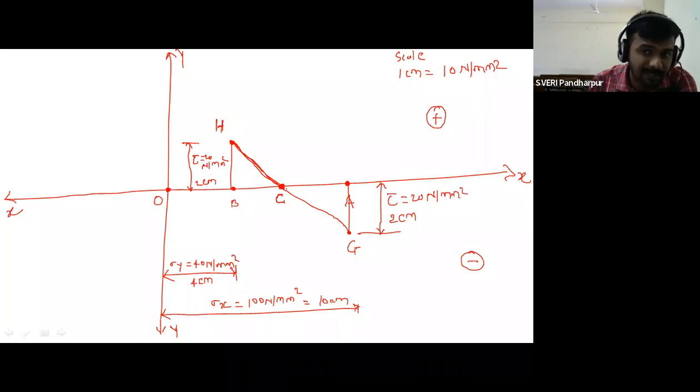म्हणजे कुठली रेडियस सिलेक्ट करावी लागणार आपल्याला? Either CH or CG. So draw one circle.